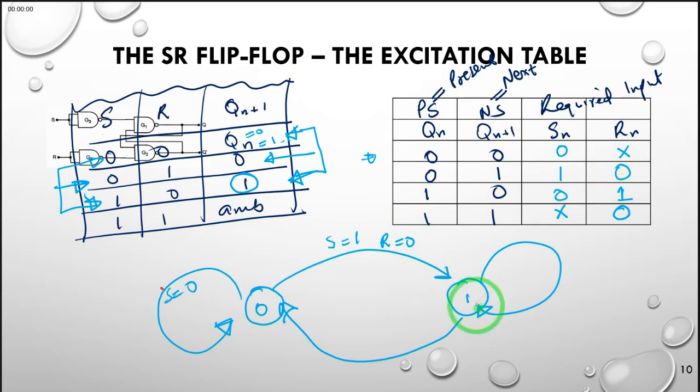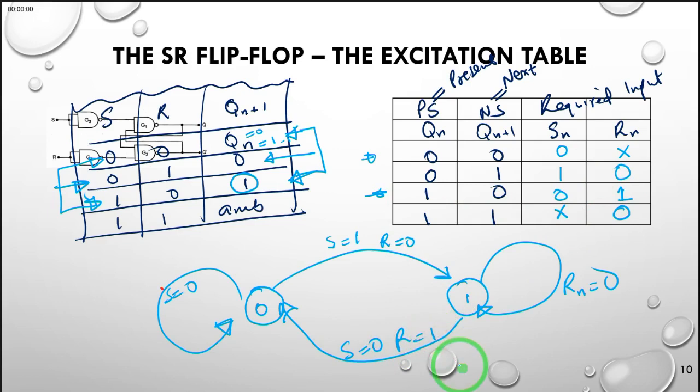To transition from 1 to 1, we were at 1, the present state, and we want the next state to be 1. The required inputs are that R should be 0, and we don't care what S is. And finally, for us to transition from 1 to 0, we require S to be 0 and R to be a 1.